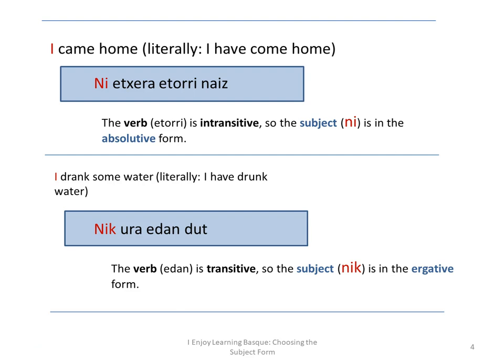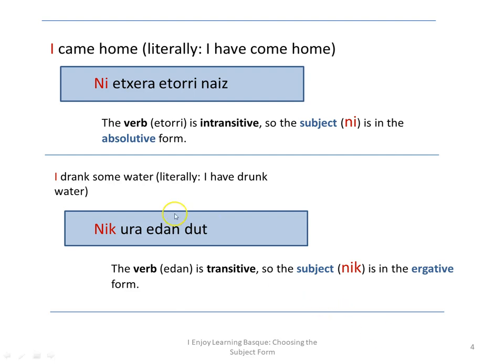And now I'm going to use another kind of verb. It's the verb drink, a transitive verb. So in Basque, I say nik ura edan dut.